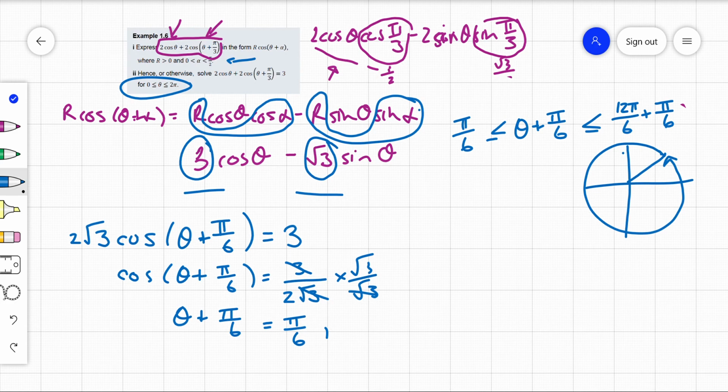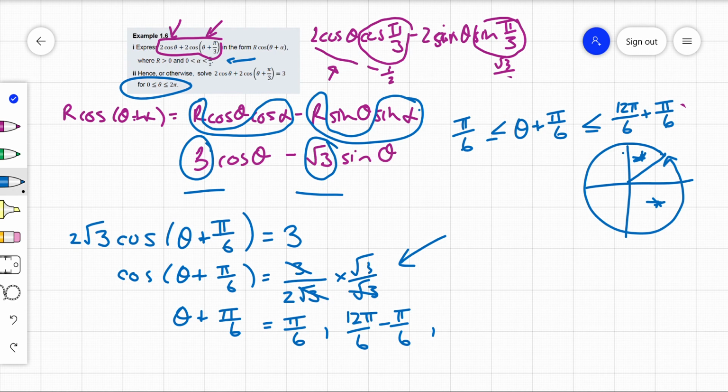If we look back here, we've got cos of an angle equals a positive. So that is going to be both in this quadrant here and this quadrant here. And we're starting from pi on 6, so pi on 6 would be the first one. If I go all the way around to the fourth quadrant, that's 2 pi, so 12 pi on 6, minus pi on 6.